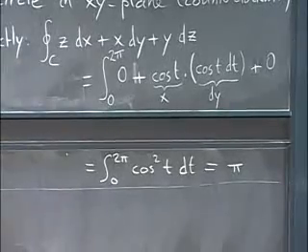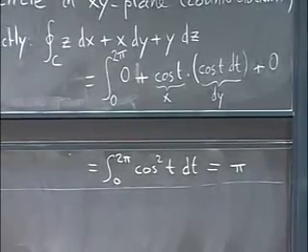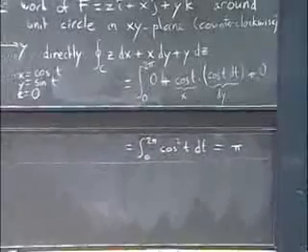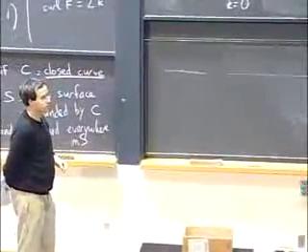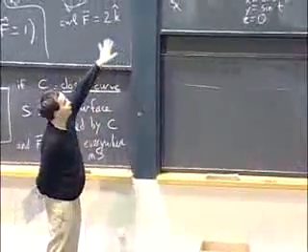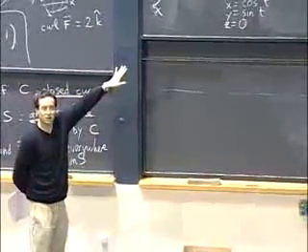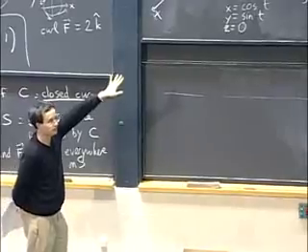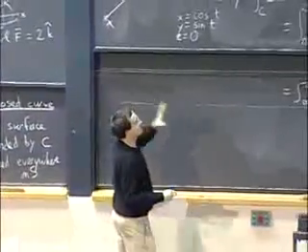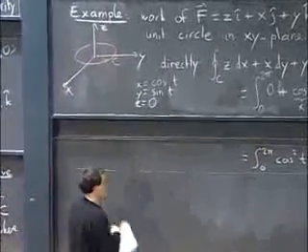Now, let's instead try to use Stokes' theorem to do the calculation. So now, of course, the smart choice would be to just take the flat unit disk. I'm not going to do that. That would be too boring. Plus, we already kind of checked it because we already trust Green's theorem.